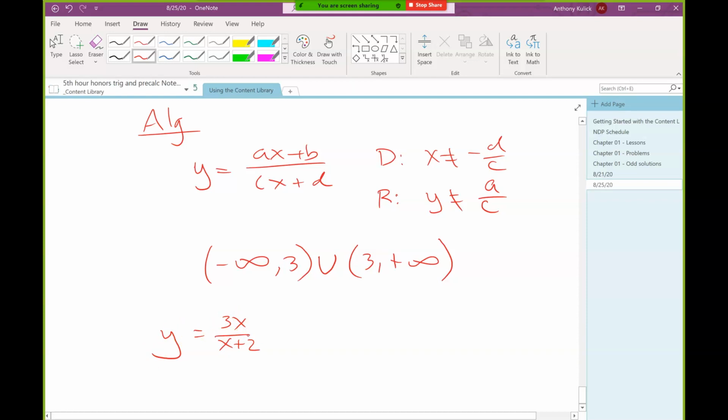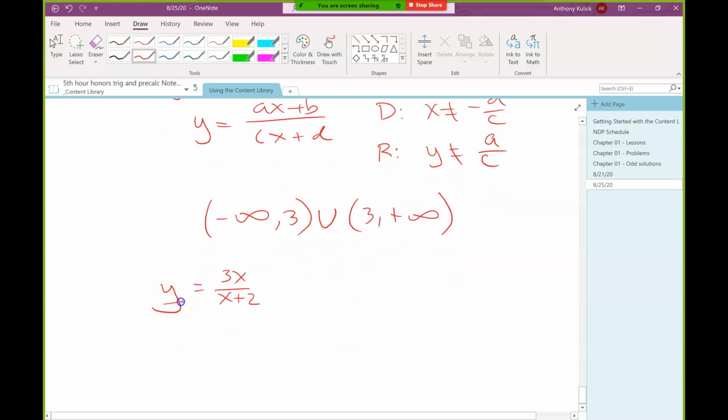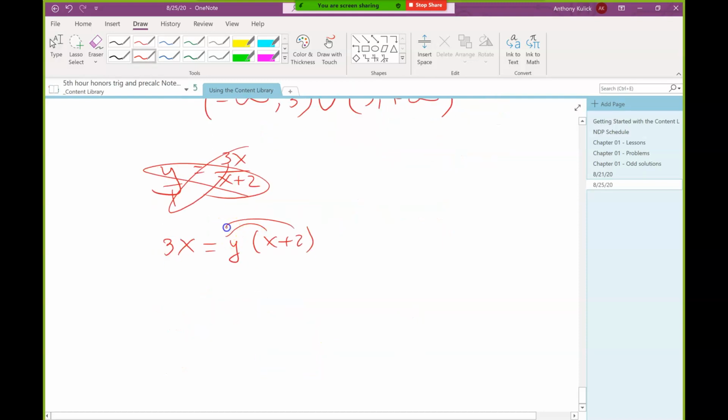So if I want to find the inverse to this, I want to get the x by itself, right? So I'm going to start by doing a cross multiplication. So I have 3x times 1 equals y times x plus 2. And then we'll distribute that y through. And then I'm going to move all the x's onto one side.